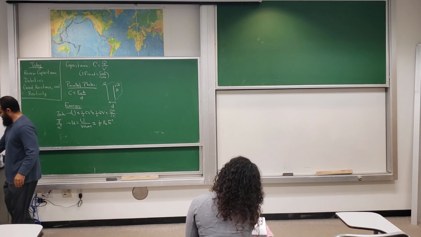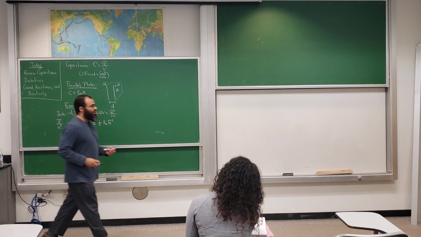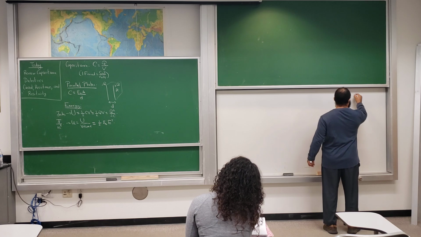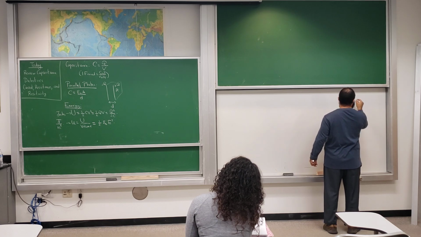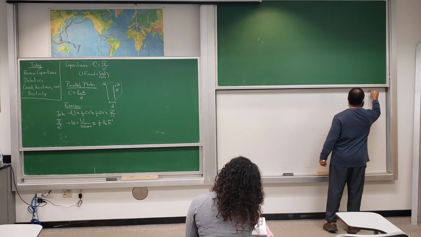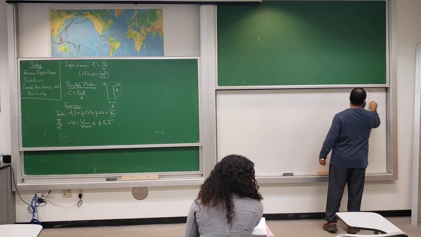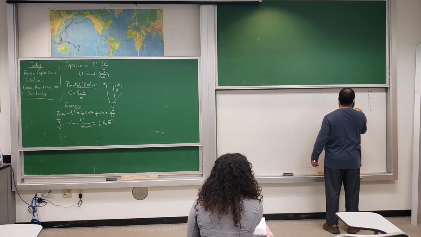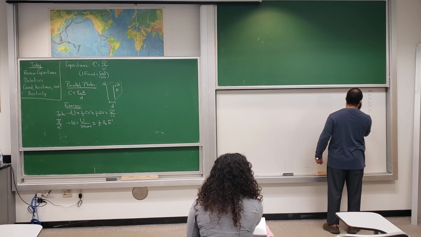So here is a capacitor. Let's say this one here is negative Q. Here is positive Q. And the distance is D, right?